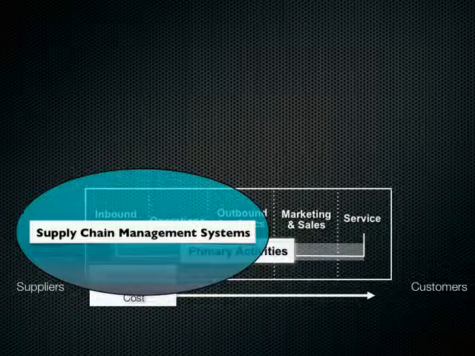The supply chain management system is the set of IT tools that helps us manage our suppliers and the raw materials that they provide us. It can help us schedule people to turn those raw materials into finished goods. It helps us kind of manage our finished goods inventory.